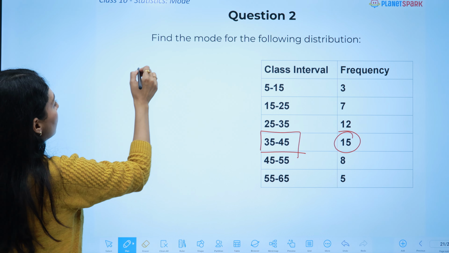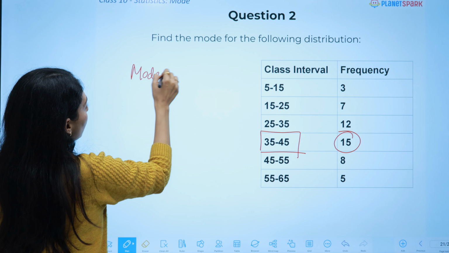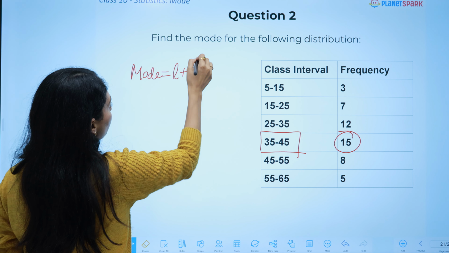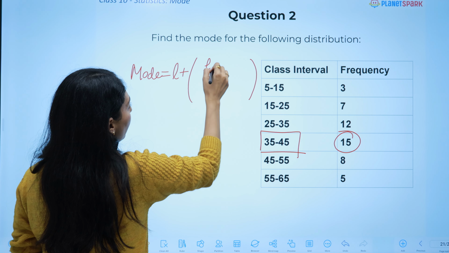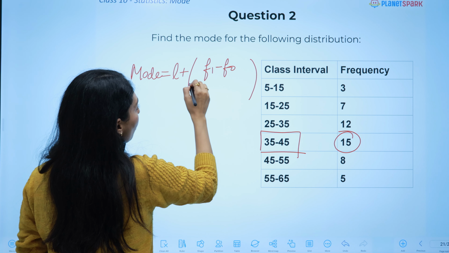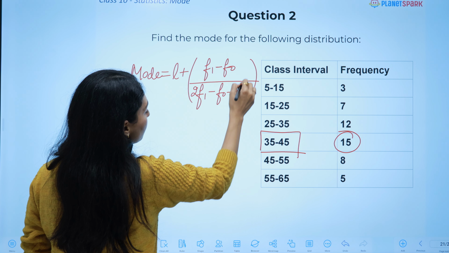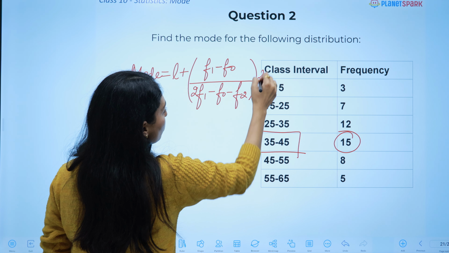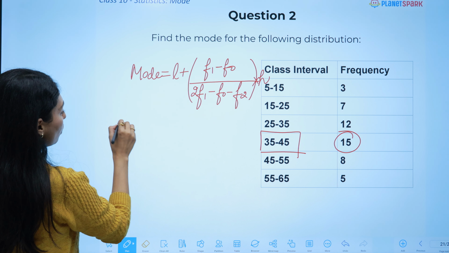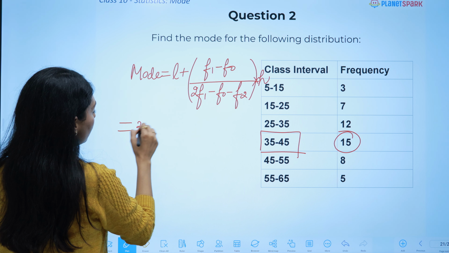Let's go, formula mod. That is given by L plus f1 minus f0 upon 2 times f1 minus f0 minus f2 into h. Let's plug in all the values. Lower limit is 35.